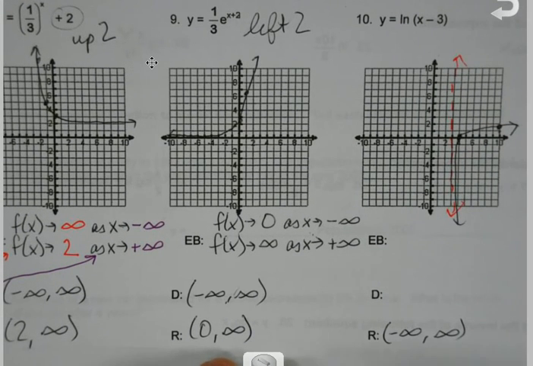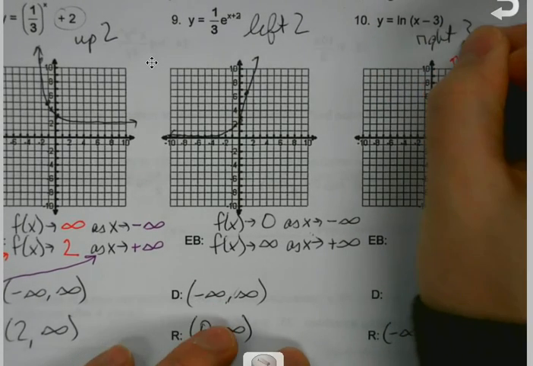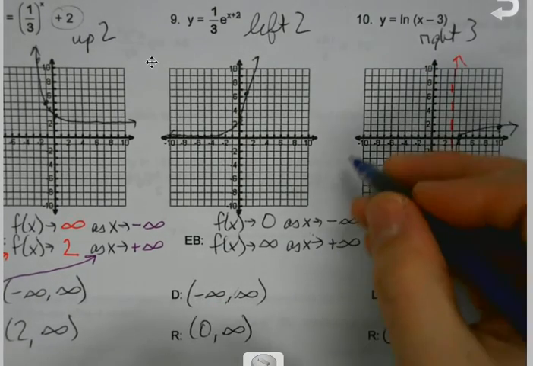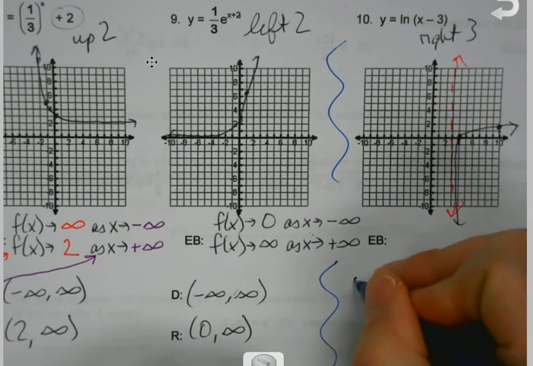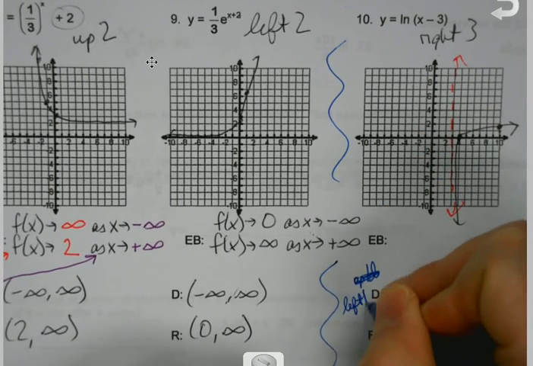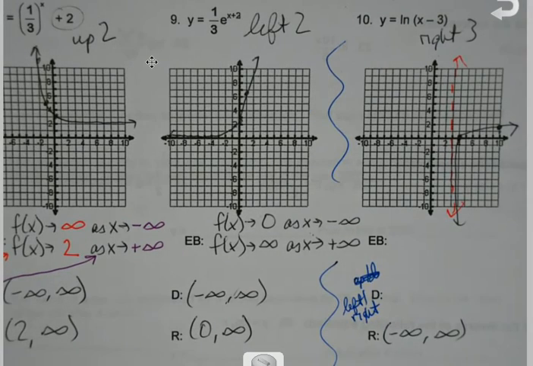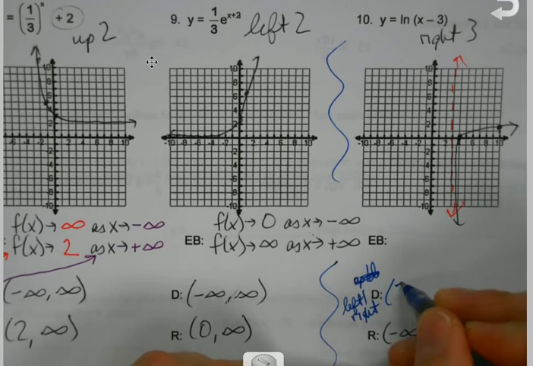And then my domain always goes, remember with these, we'll kind of separate them off here. If I have a left or a right shift, which I do, my domain's going to move along with it.